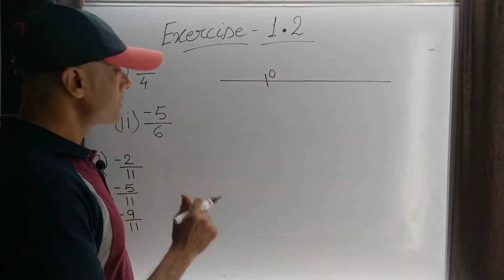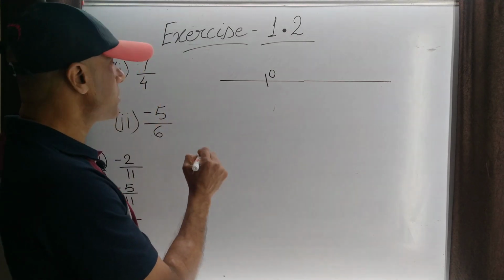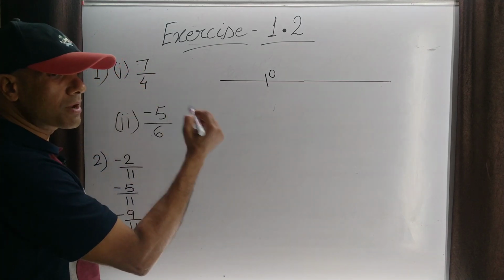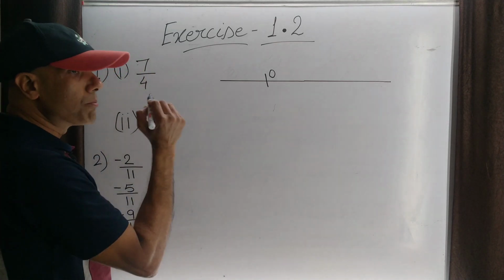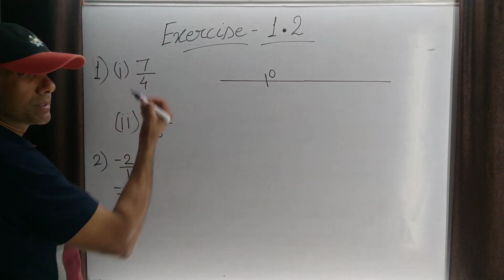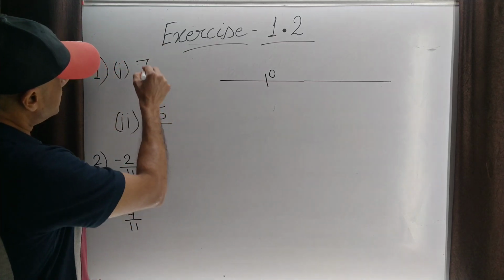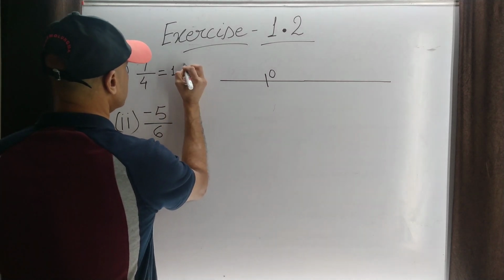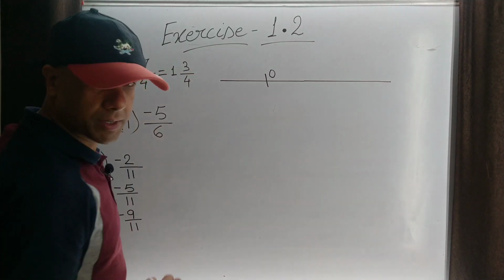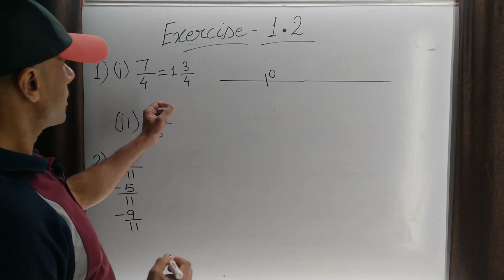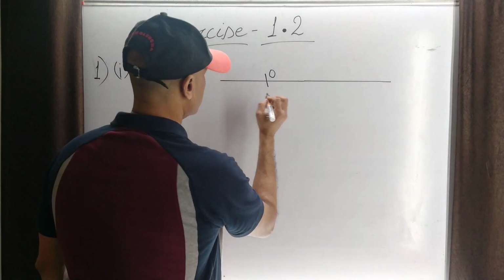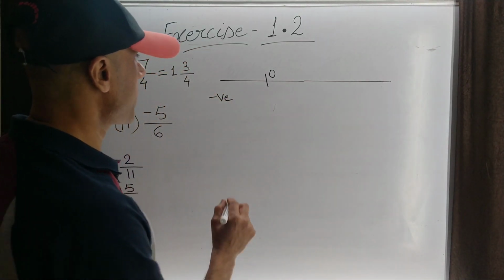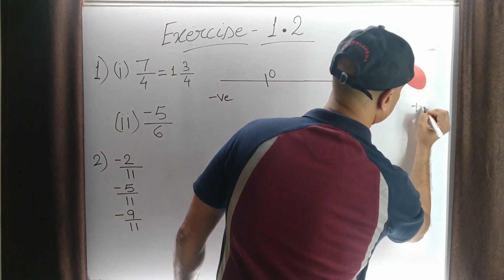While representing a rational number on the number line, the denominator represents, just like a fraction, the part of which the numerator is taken. So you can see this is a mixed fraction, and we can write this as 1 3 by 4. Correct? Now as we go, on this side negative integers or rational numbers are represented, and this side positive.